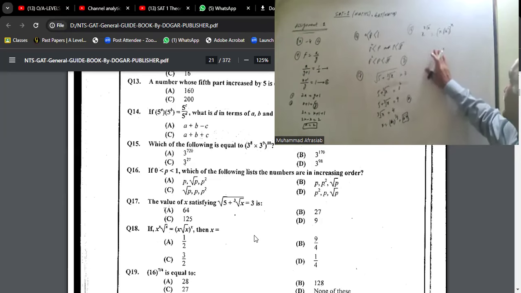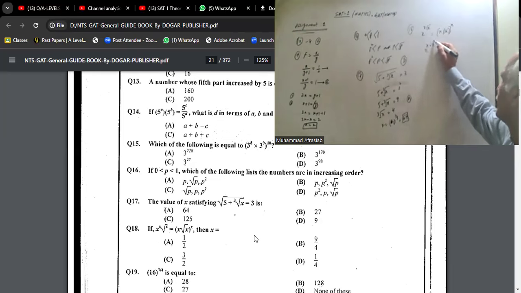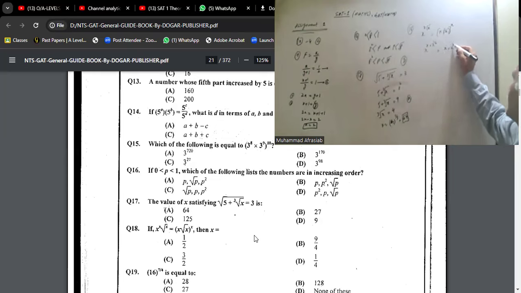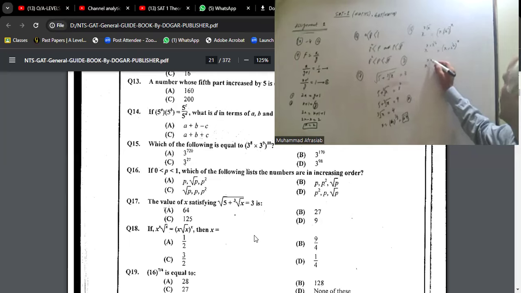Since square root of x is x power half, it should be equal to (x power 3 by 2) whole power x. Since x into x power half is x power 1 plus half, which is 3 by 2, it is x power 3 by 2 whole power x, or x power 3x by 2.